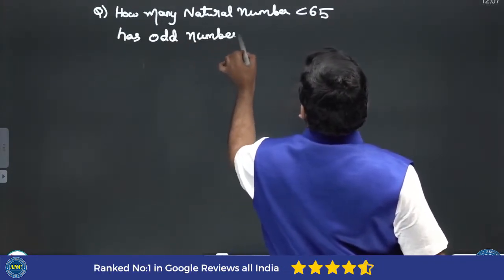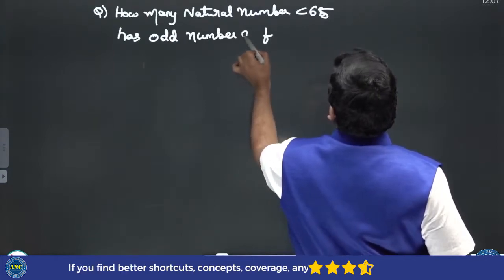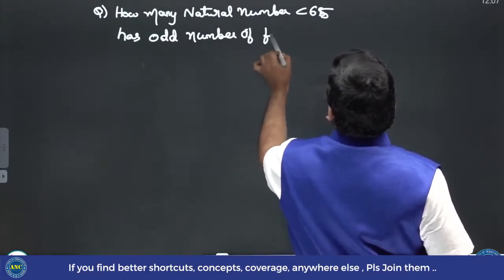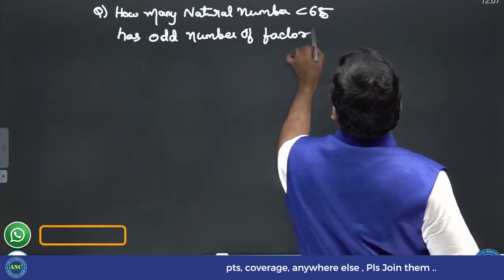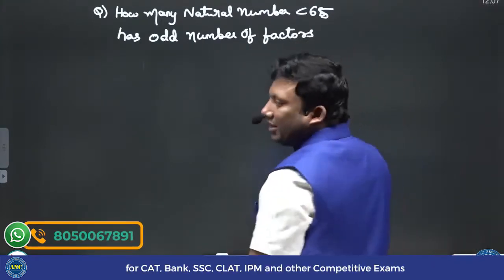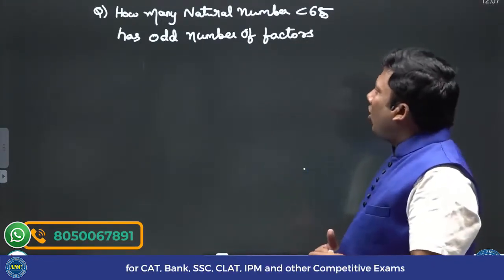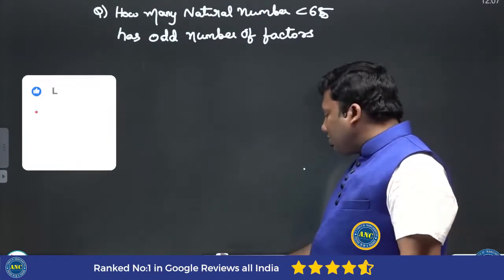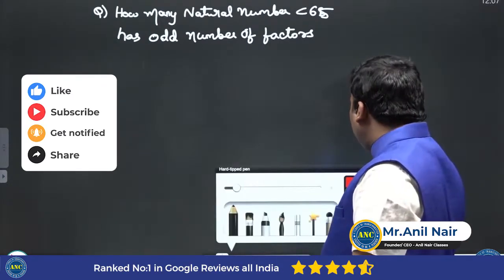Very good question, sir. How many natural numbers less than 65 have an odd number of factors?